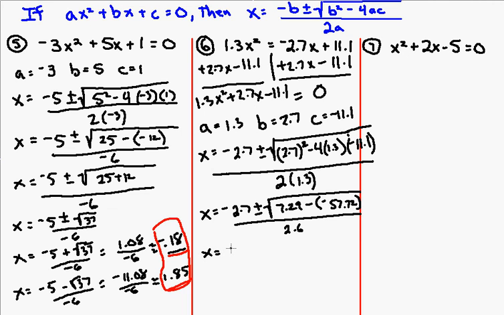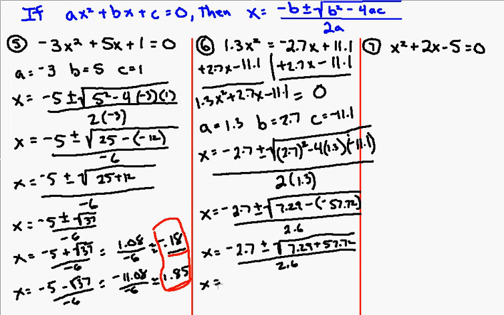So I have x is equal to negative 2.7 plus or minus square root 7.29 plus 57.72 over 2.6. So 7.29 plus 57.72 gives me 65.01.